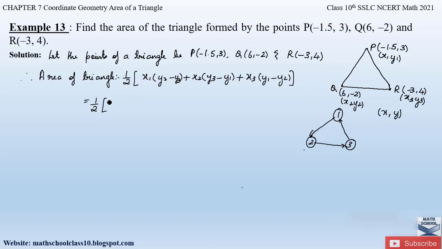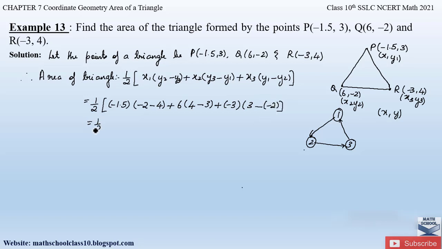It is minus 1.5 into y2 minus y3. y2 is minus 2 minus y3, which is 4, plus x2, which is 6, into y3, which is 4, minus y1, which is 3, plus x3, which is minus 3, into y1, which is 3, minus y2, which is minus 2.